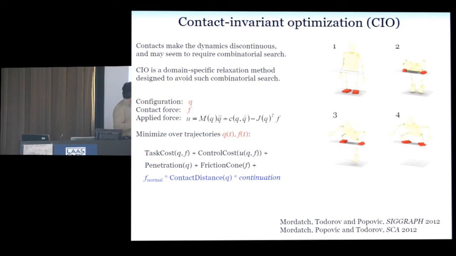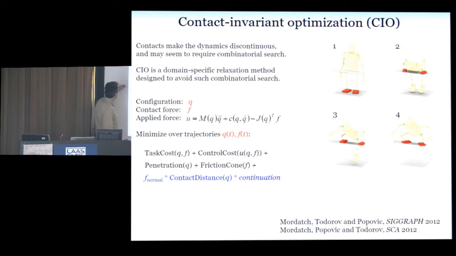This is the contact Jacobian. This tells you how contact forces map to joint forces through the inverse Jacobian. Once we know this F, because it's an optimization variable, we can do the inverse dynamics and get the control signals that you must have applied to make that happen. And so now that we have the trajectory and the forces and the controls, we can form whatever cost function we want and optimize it.